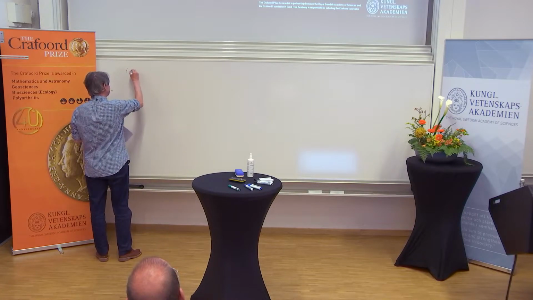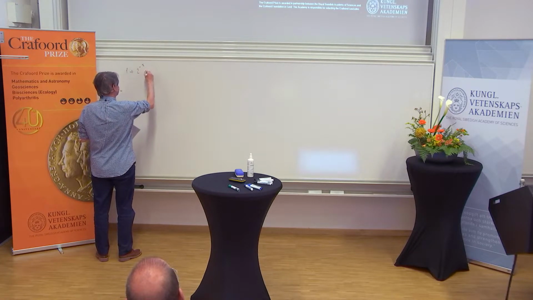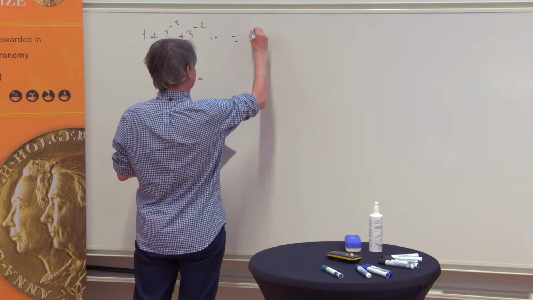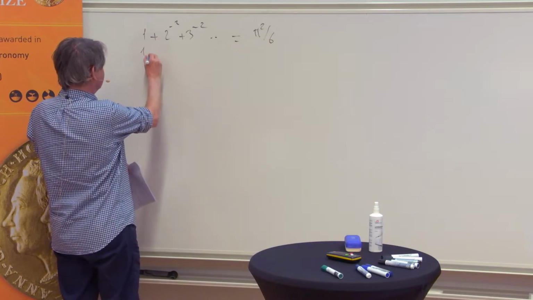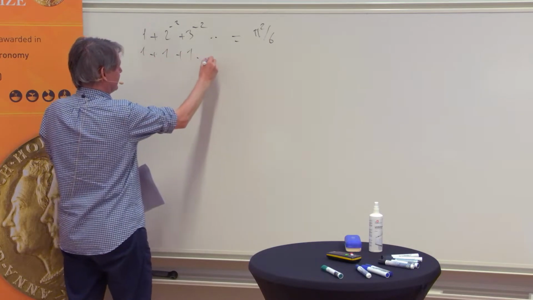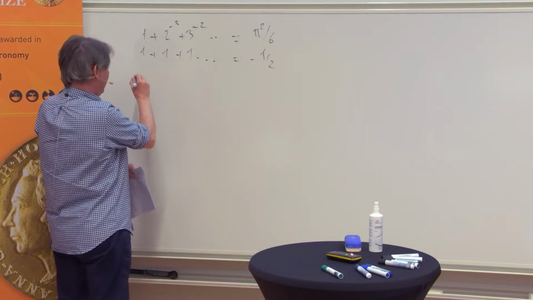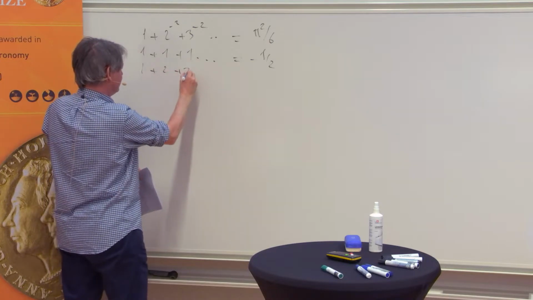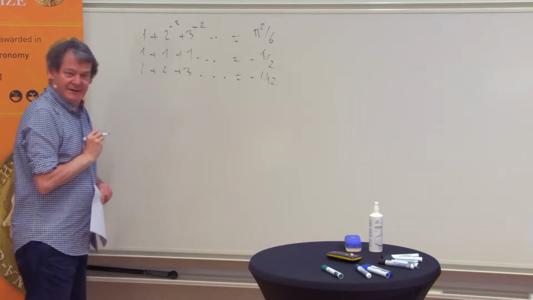If you sum up 1 plus 1/4 plus 1/9 and so on, then you get pi squared over 6. As you all know, if you sum up 1, 1, 1, 1, 1, you get minus 1/2. And if you sum up 1, 2, 3, you get minus 1/12. That's Euler.